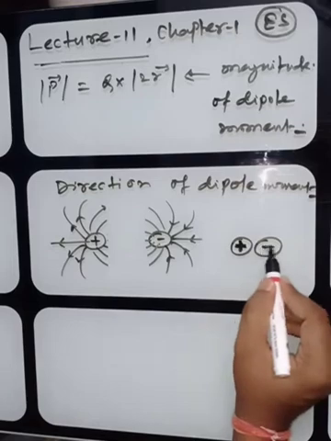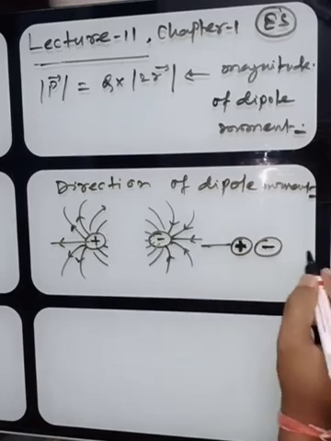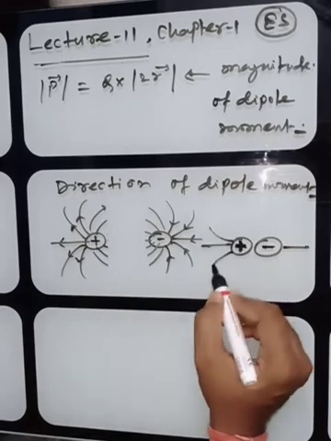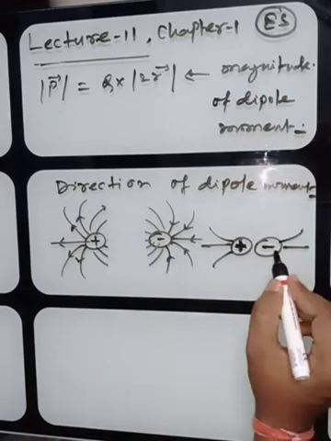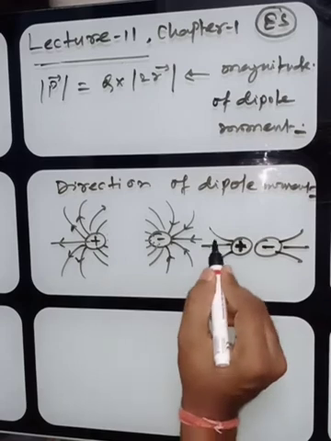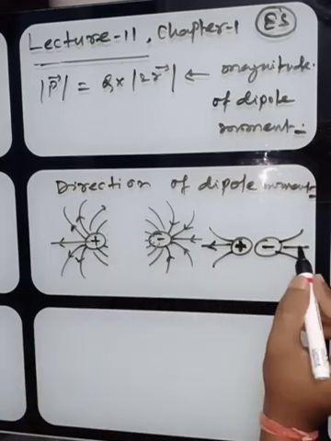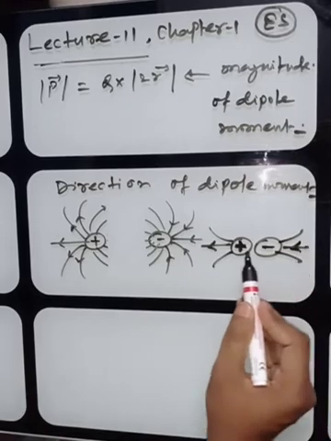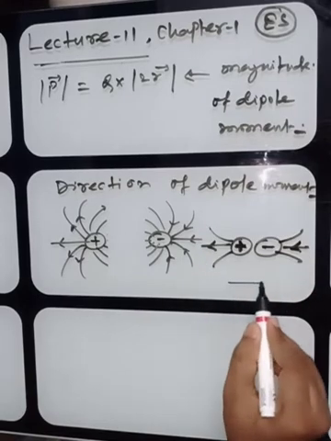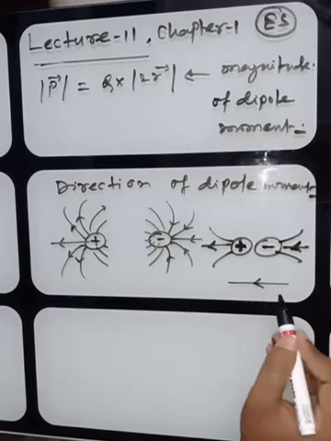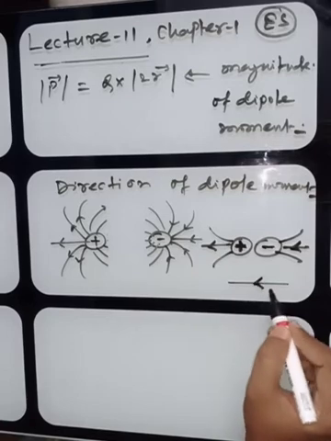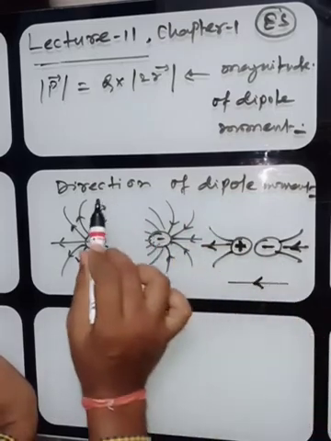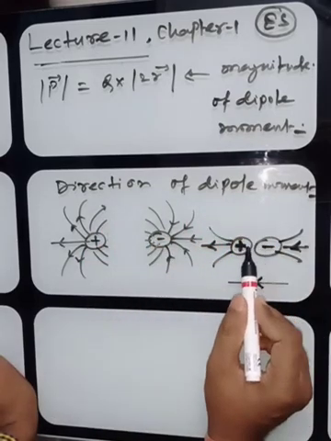Then here I will draw the field lines out of the dipole, and out of the dipole here you can see the field out, here the field in. Now you can see the field is moving from negative to positive. Okay, this will be the trick to remember the direction of dipole moment, from negative to positive.